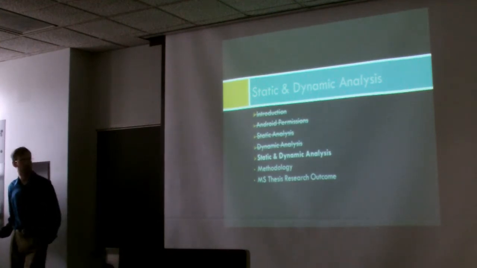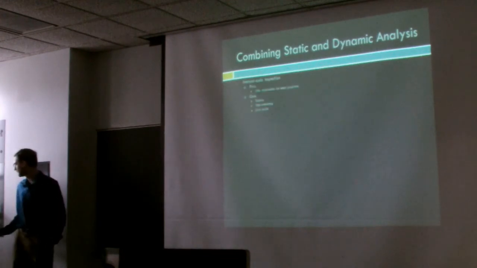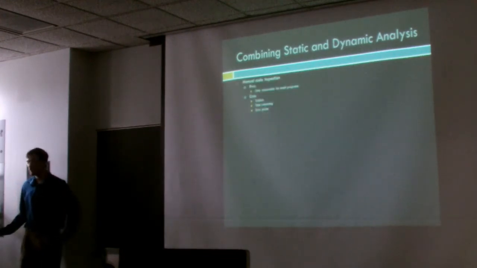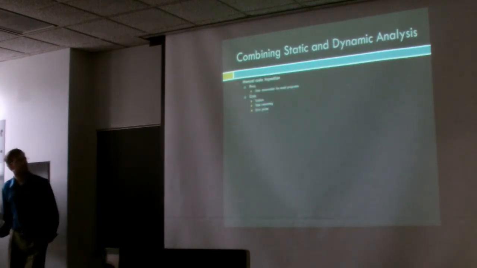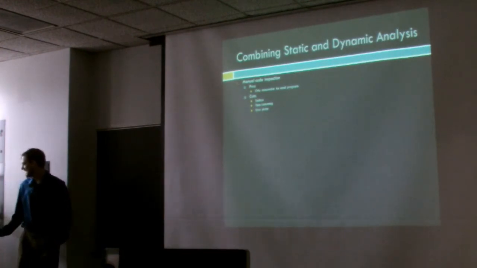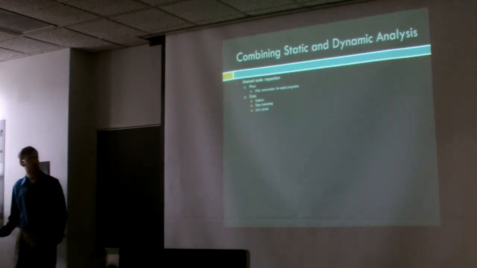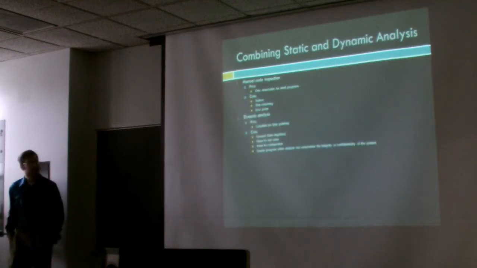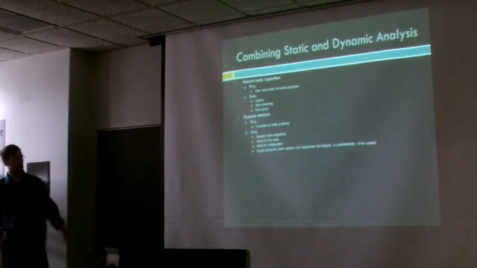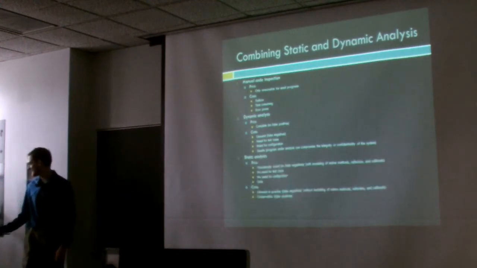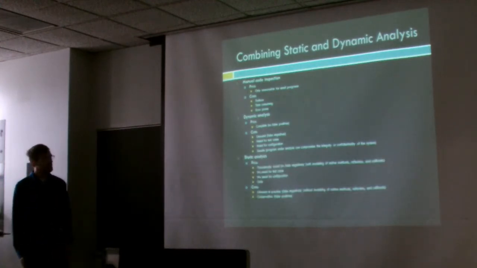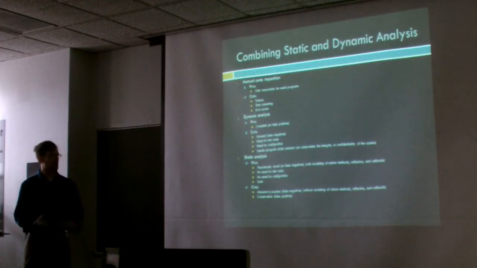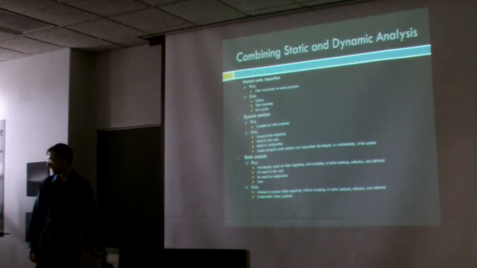Now I want to talk about combining the two, which is a novel idea for Android. Manual code inspection is reasonable for small programs, but for lengthy programs, it's tedious and time consuming. We talked about the pros and cons of dynamic analysis and static analysis.